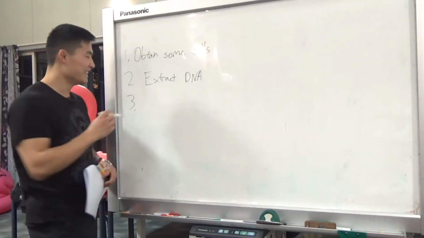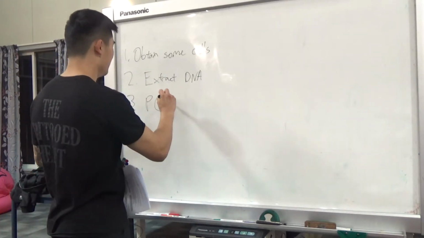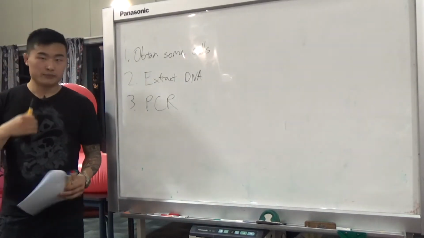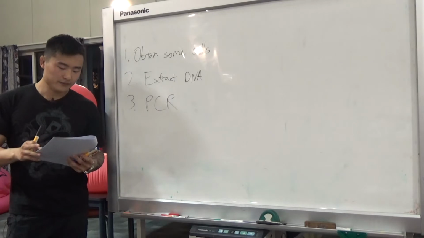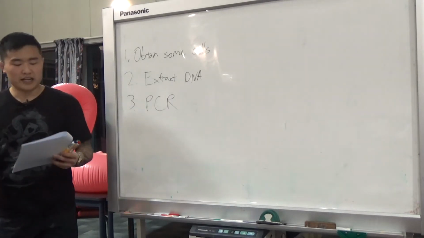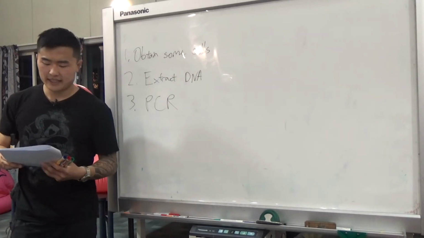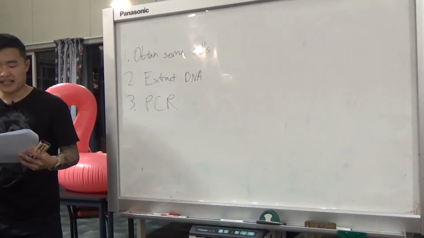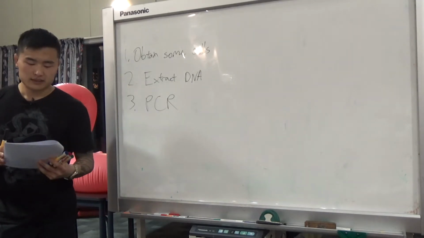Yep, so PCR. So you're going to run the polymerase chain reaction. And that's going to require the use of a primer that's specific for the sequence that you want to analyze.